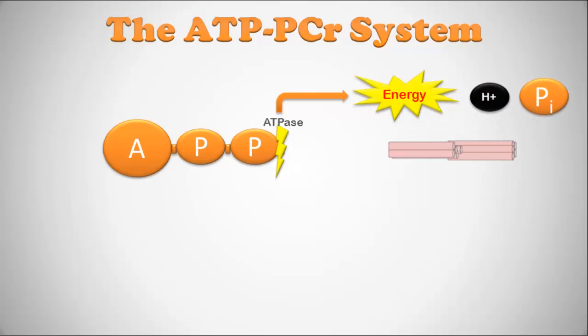And when that third phosphate is broken, you have a release of this phosphate, and you have a release of hydrogen ions. And remember, we're talking about inside the muscle here. So when ATP breaks apart, it releases a hydrogen ion and a phosphate, which we're going to call inorganic phosphate. That's why the i is there, right over here, inorganic phosphate. So we break ATP down, we have this buildup of hydrogen ions and inorganic phosphate inside the muscle.